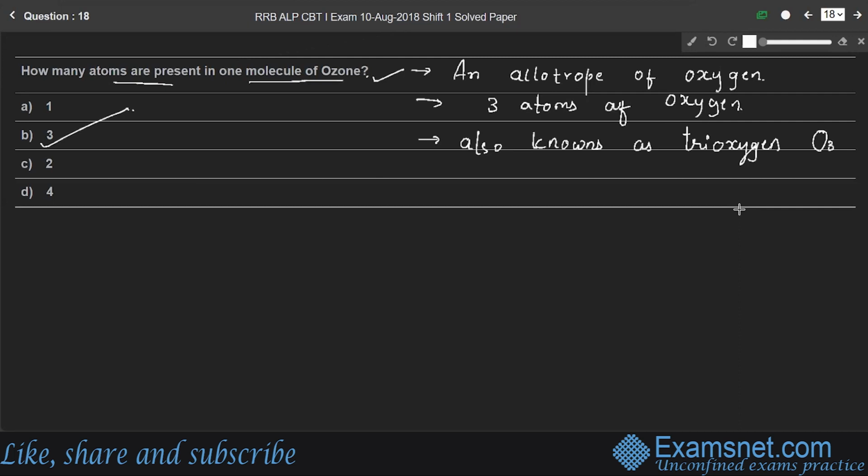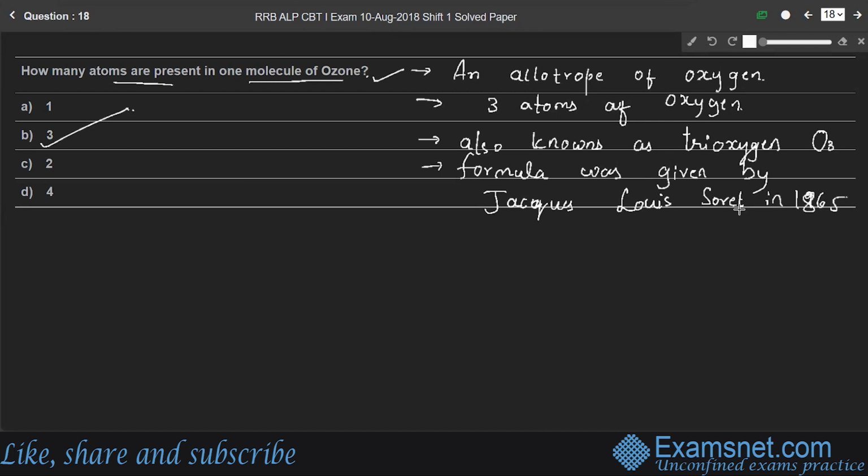The formula was given by Jacques Louis Soret in 1865.